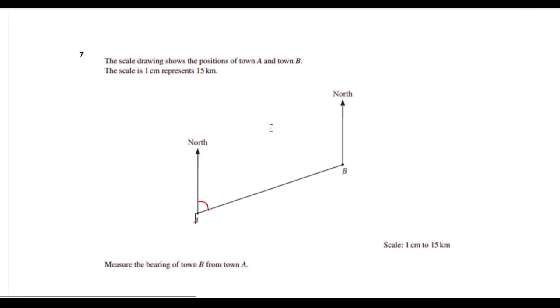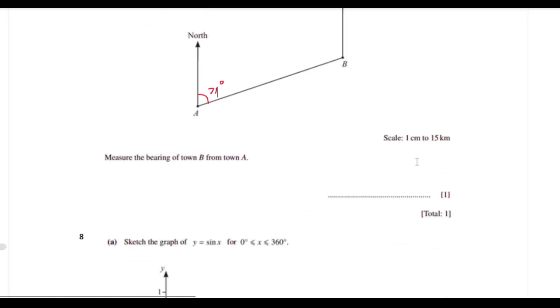So we have to use our protractor to measure this particular angle. You will have the value somewhere around 71 degrees. With your protractor, if you measure, this is 71 degrees. So the bearing of town B from town A is going to be 71 degrees.